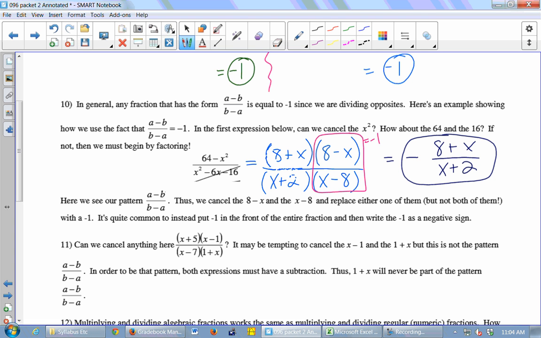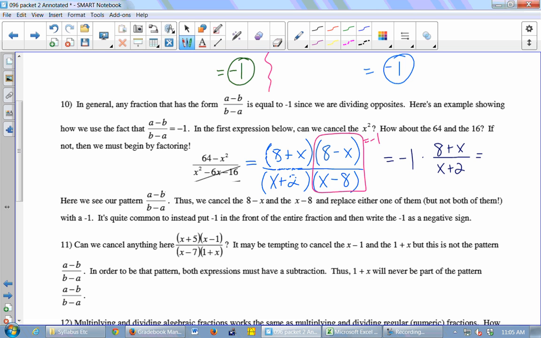Looking at the paper, -1 times that, and they went a step further. So I've got my -1 times (8 plus x) over x plus 2.